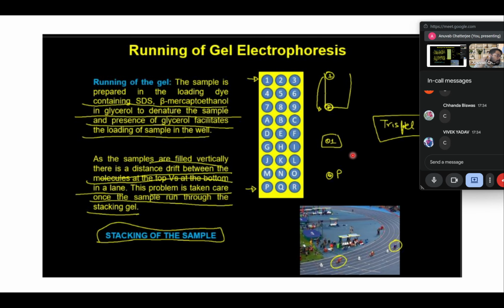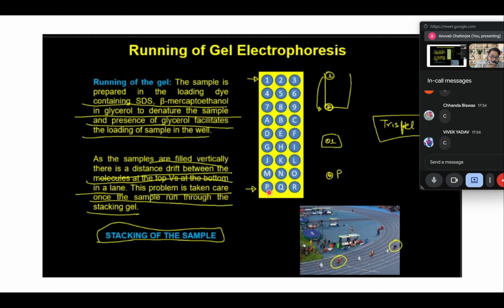So why do we need two different gels in Western blot? When you load the sample, which is your protein, in a vertical system, it always depends on how well all of the proteins are accumulated at the end of the gel. Imagine you're adding your protein here. Different proteins will have different tendencies to fall to the bottom and appear right here.